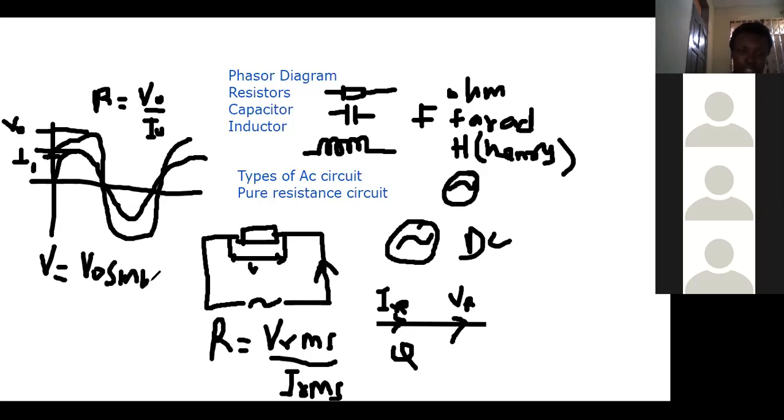Someone should check sine 0. Sine 0 is 0. And we are going to get I is equal to I naught sine. So when you still use this, you are still going to get what I've written on top.